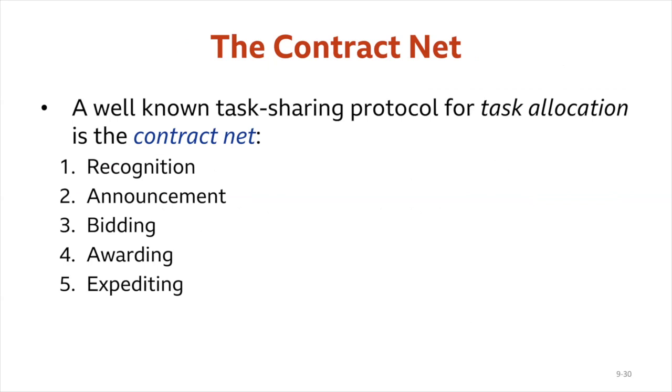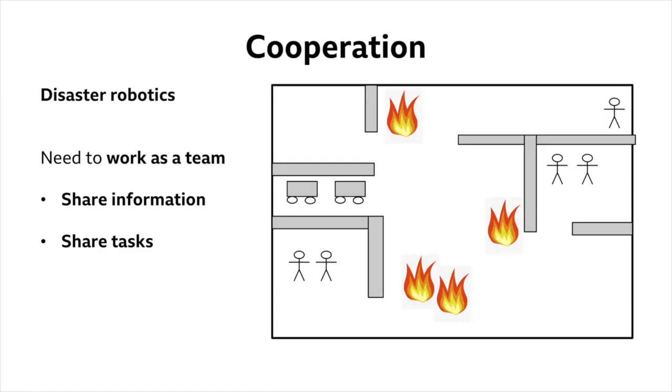Okay, let me talk now about a very specific technique, which is one of the fundamental protocols that's been developed within the multi-agent systems community. And this is a protocol for task sharing amongst agents. And it's called the contract net protocol. And the contract net protocol is the kind of protocol that we might find here.